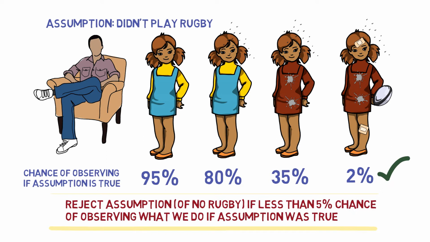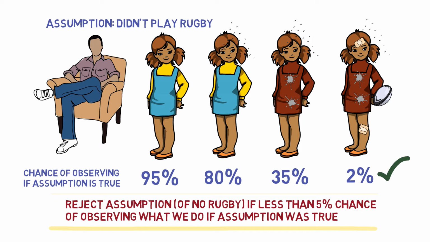That seems sufficiently unlikely to be observed if she hadn't actually played rugby. And so when the daughter is sweaty and dirty and injured and hiding a rugby ball, right, that seems highly unlikely to have occurred or to be observed if she hadn't actually played rugby. Therefore, we will reject the assumption that she didn't play rugby.